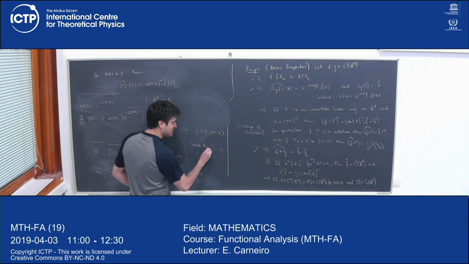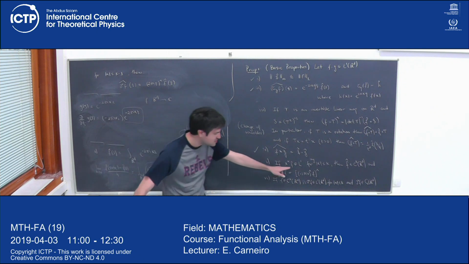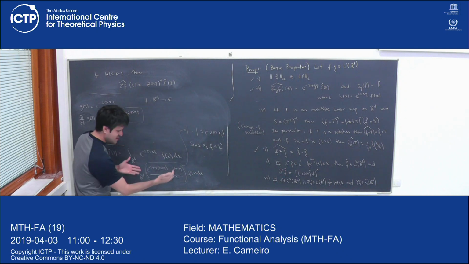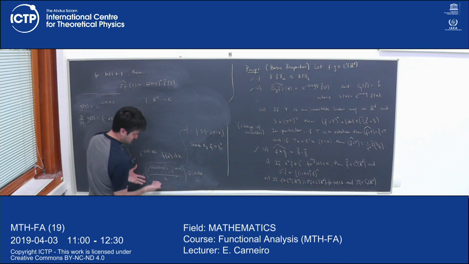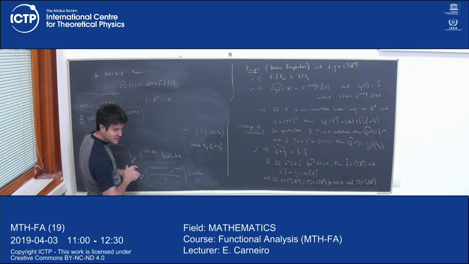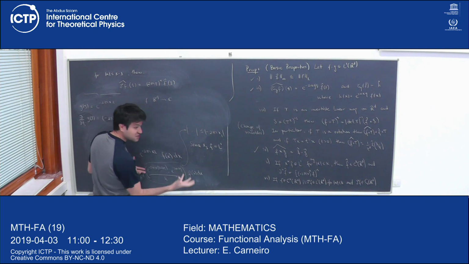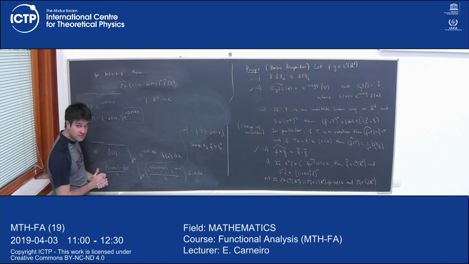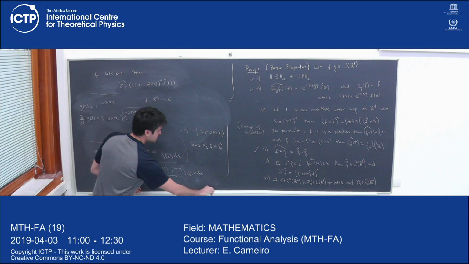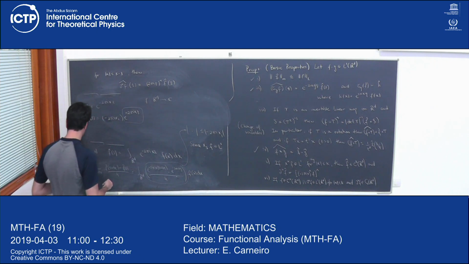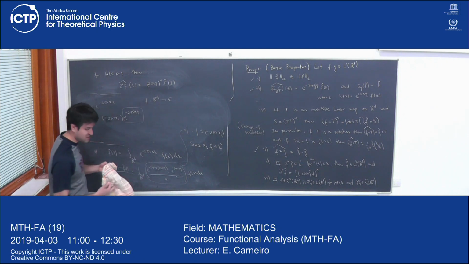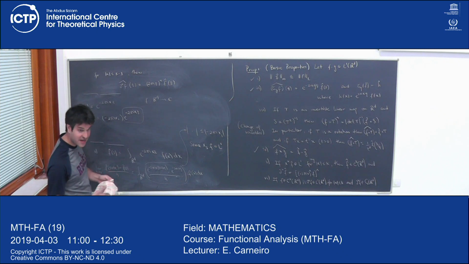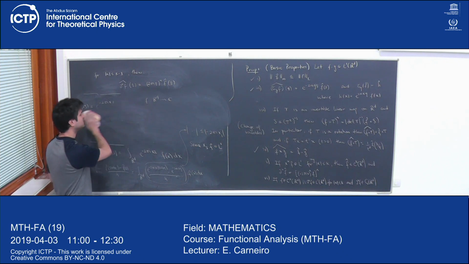Since x1 times f belongs to L1, this is the hypothesis, this expression, for any h, is dominated by this function, which is an integrable function. Therefore, I can use the dominated convergence theorem to send h to 0. All I'm trying to say is that I'm just trying to justify the use of the dominated convergence.